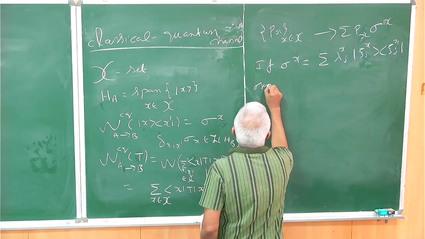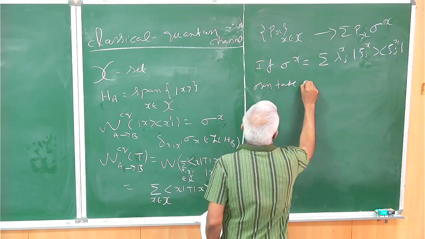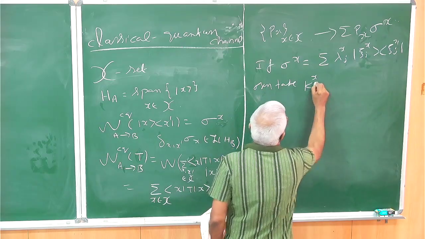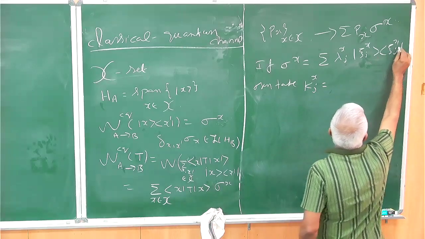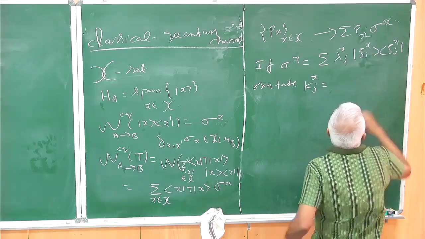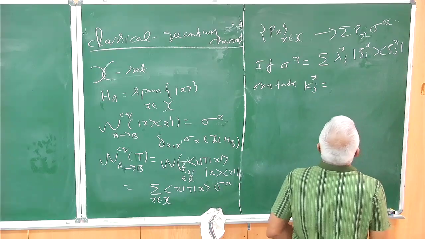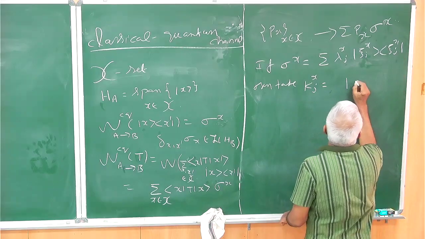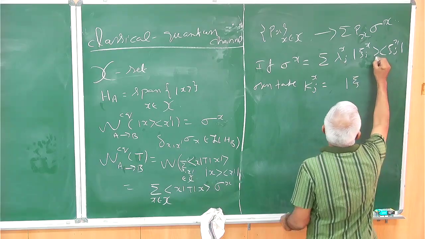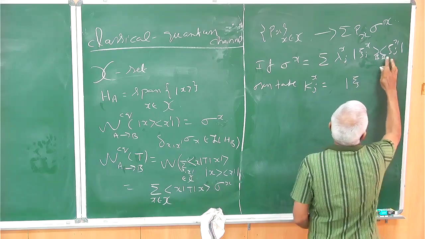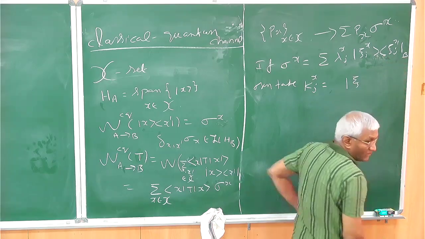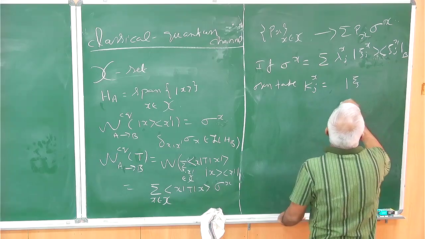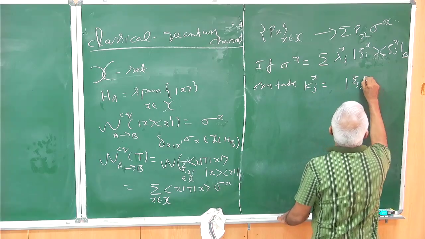Then take K_xj equal to this, so it has to land in B. These are all operators in B. I write B because it's happening in B.